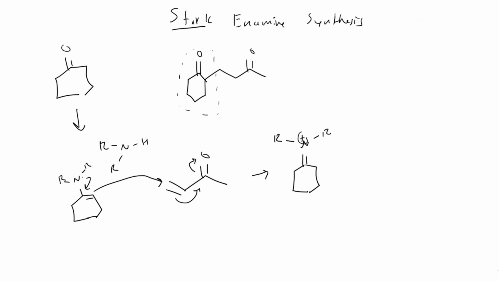And draw out the rest of the molecule here. And then we're just going to do some acid workup, which, as you've learned from previous chapters, is going to resolve this structure here into the carbonyl, and it's also going to fix this by tautomerizing it into the carbonyl in that position as well.